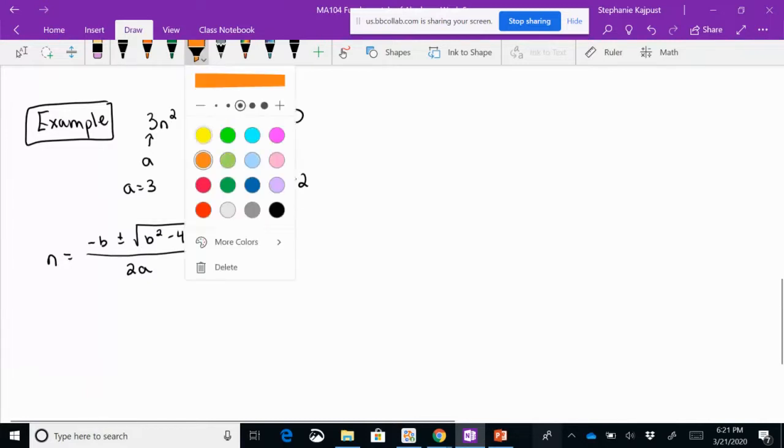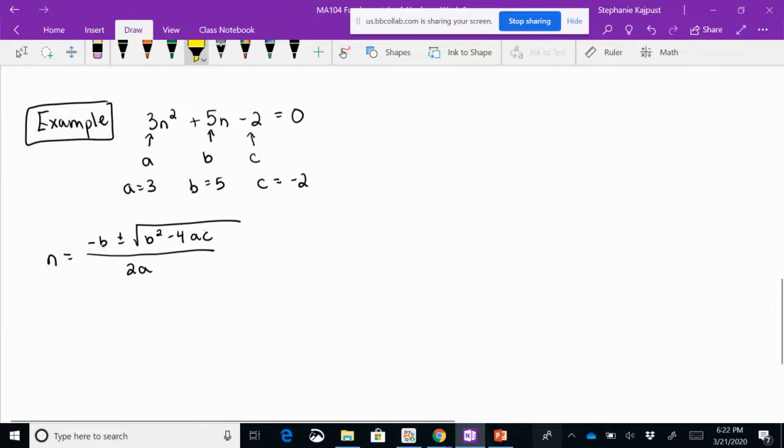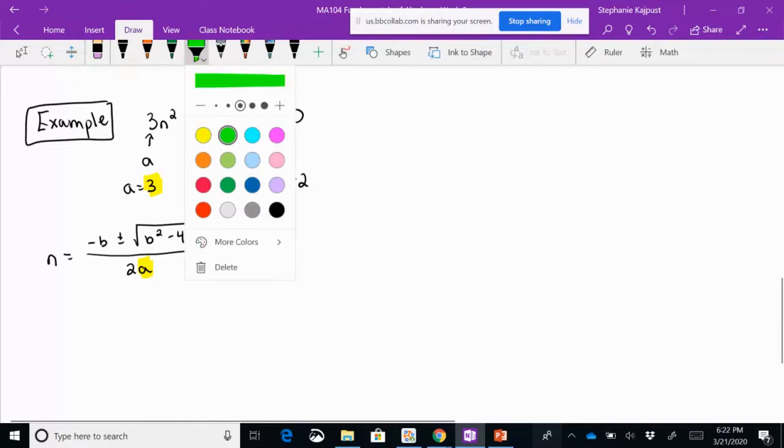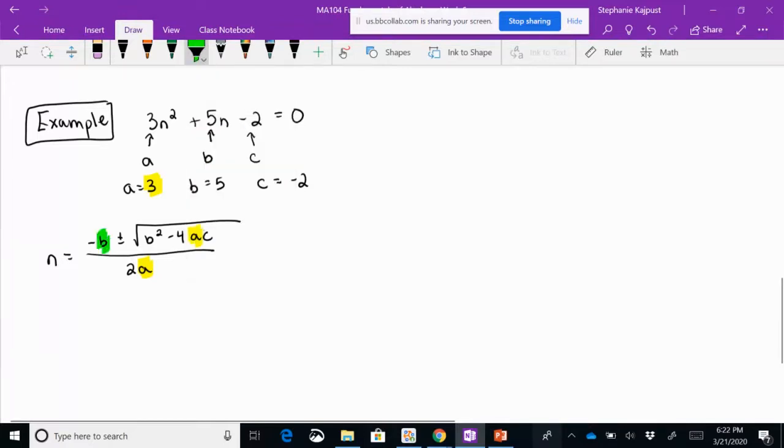So again, I'm going to try to color code everywhere. Everywhere that a goes, I'm going to be plugging in 3. Everywhere b goes, I'm going to be plugging in 5. And then everywhere c goes, we'll be plugging in -2.